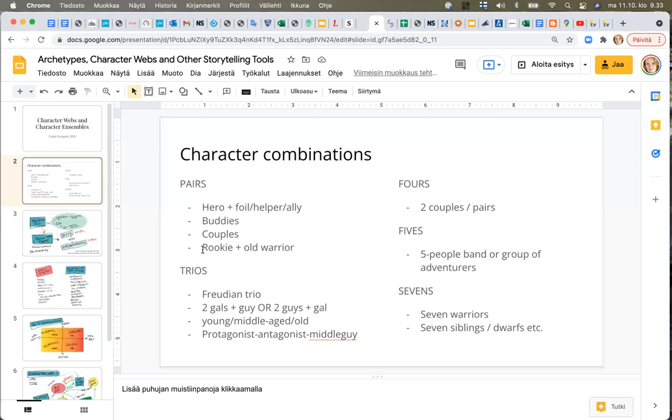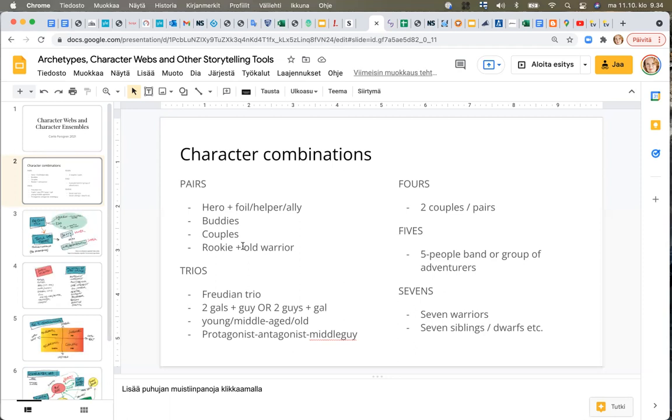But also in those, there's usually very slow changes in the relationships of the characters. Okay, so I have probably not put all the possible pair combinations here, but these are just a few of them.